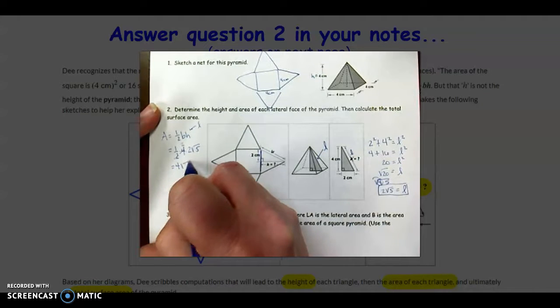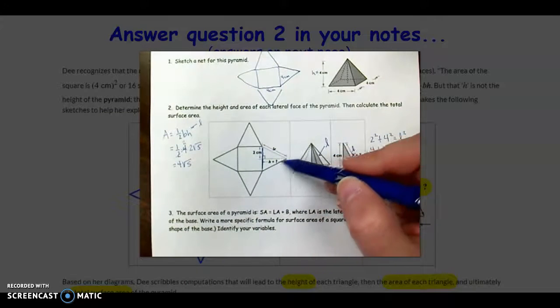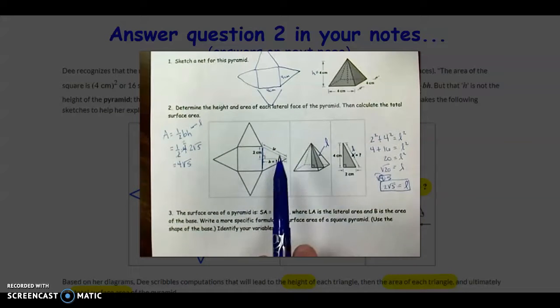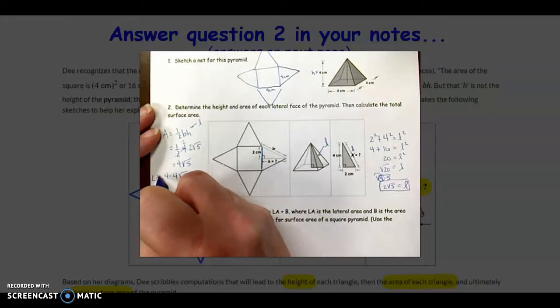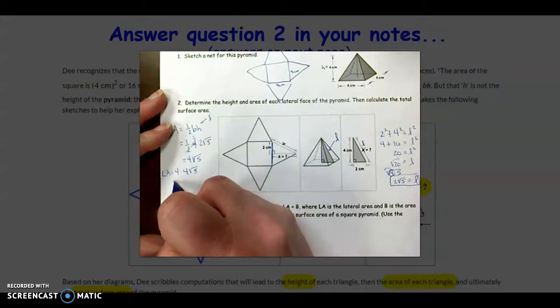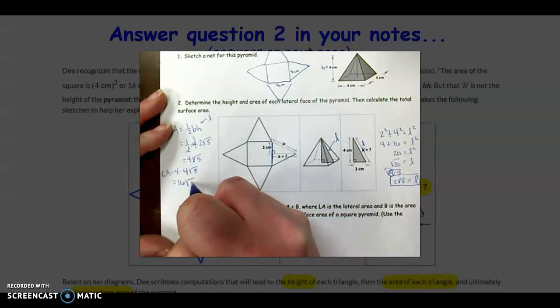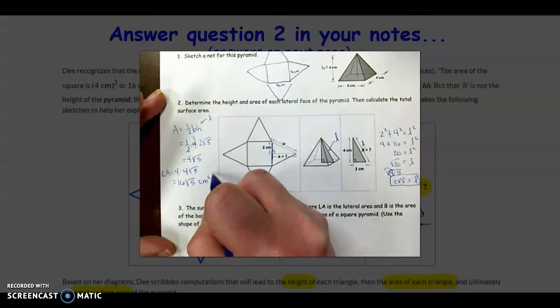So our area of one of those triangles is 4 square roots of 5. That's the area of one of these. And we have 4 of them. So we're going to multiply that by 4 in order to get our lateral area of the whole pyramid. So 4 times 4 is 16. So our lateral area is 16 square roots of 5 centimeters squared.